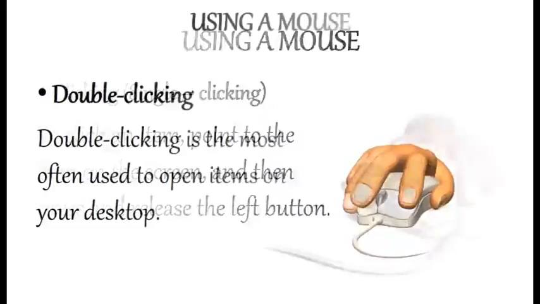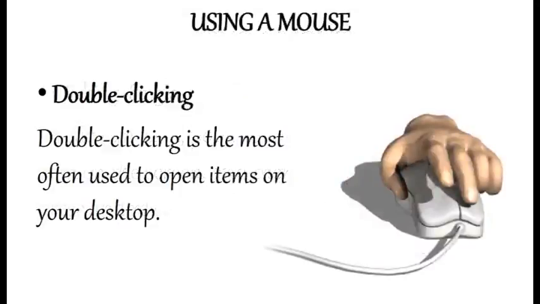We also have what we call the double clicking function of the mouse. The double clicking has to do with you clicking the left part of the mouse in 2 quick succession. You can use that to open items on the desktop, to open folders. For double clicking an item, you point to the item on the screen and then you click the item twice quickly.